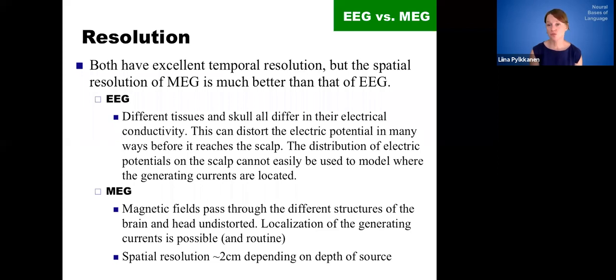We get spatial resolution in the order of around a couple of centimeters, but it does depend a little bit on the depth of the source. The magnetic field strength drops off very quickly the further away you get from the current, so that's something that's a factor.